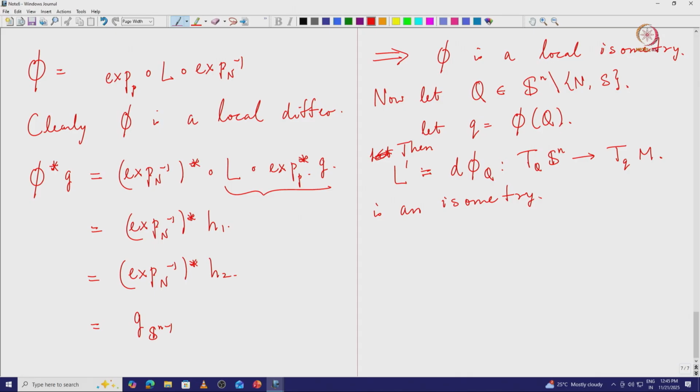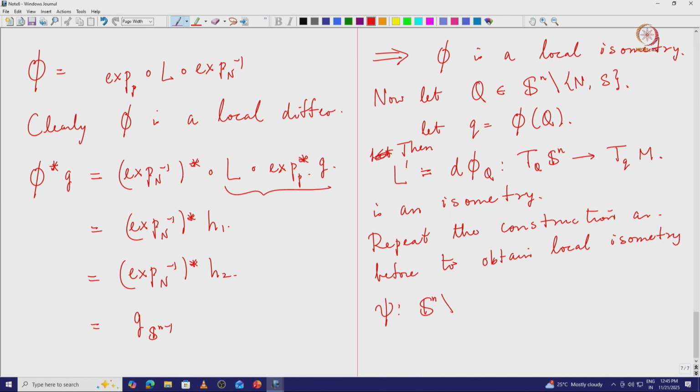So now repeat the same construction as before, with this L replaced by this L prime to obtain a local isometry psi, which will now be from Sn minus the point antipodal to Q. So Sn minus minus Q to M, okay, where psi is now given by the exponential map at Q composed with L prime composed with this, right.